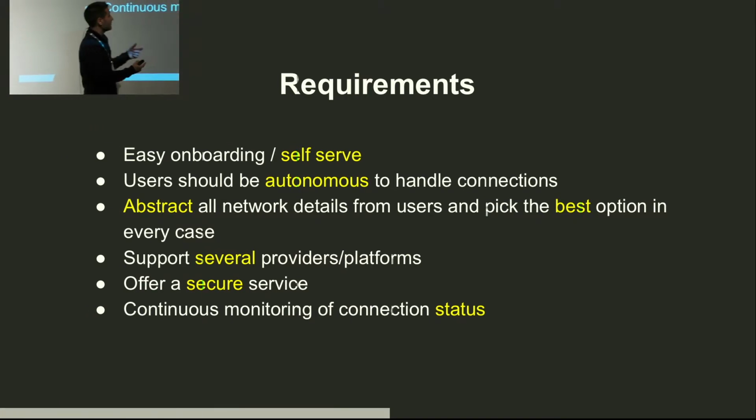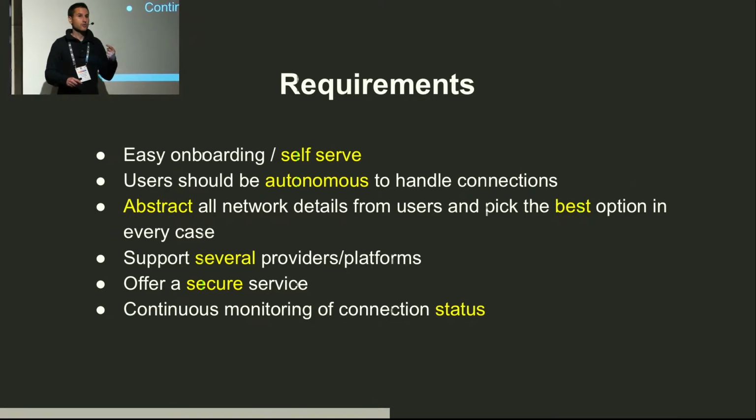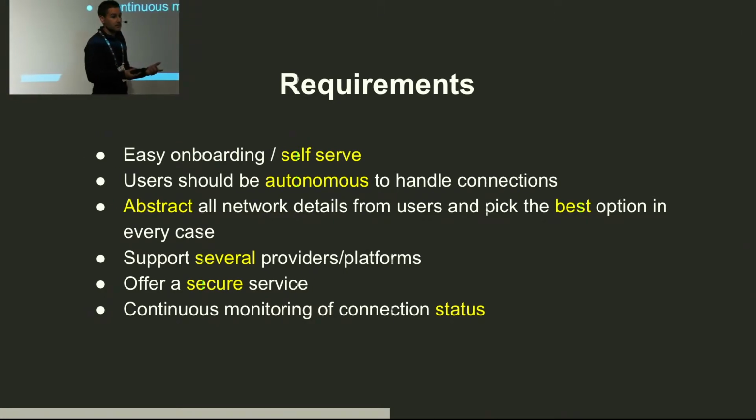You have to do a lot of things, but it's the network service's task to implement them. Also, in all the cases, we decide for them which is the best connection that they can get. So if they are in one platform and want to connect to another platform, they don't care where the other platform is, and we decide which is the best connection and implement it for them.